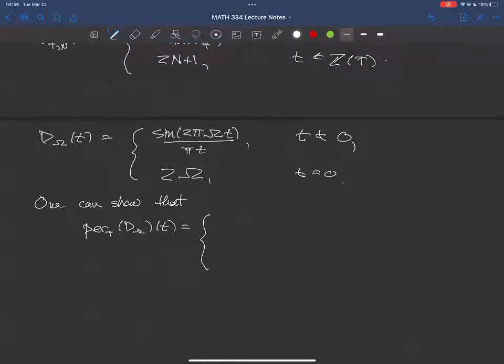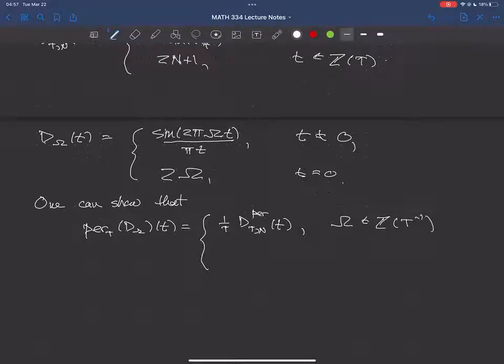Okay, so you get 1 over T d per T n of T, and this is valid when omega is not an integer multiple of 1 over T.